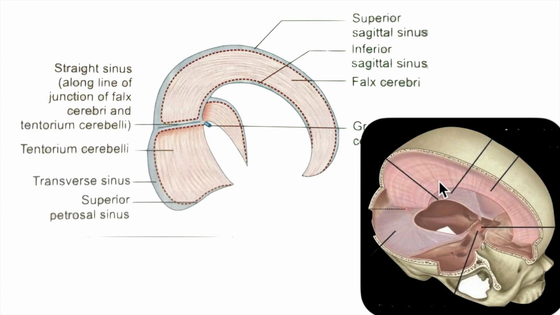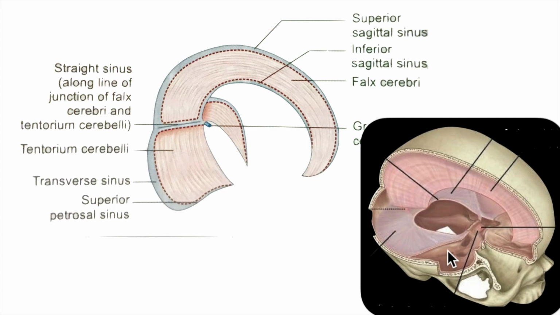Now, in the meningeal layer, what characters form? The meningeal layer at certain places is going to reduplicate. There is no change in the endosteal layer, but the meningeal layer forms reduplication, and at certain areas it forms a fold. Why does this fold form?